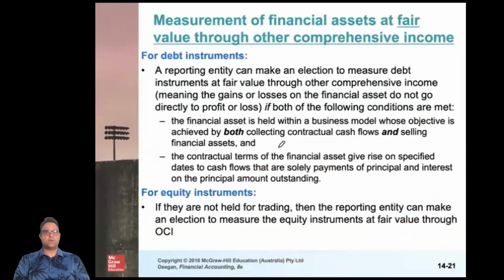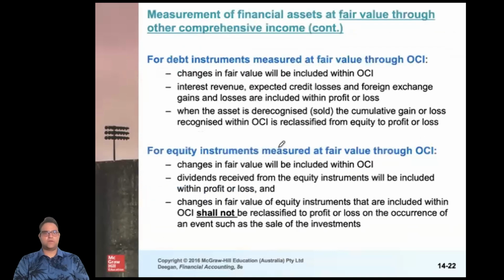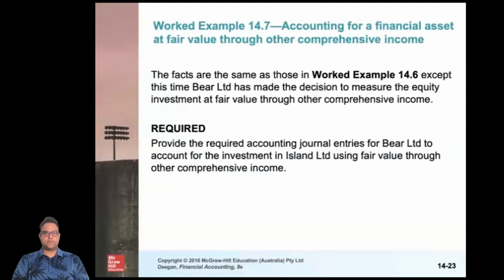Now they talk about the difference between the debt instrument and the equity instrument. You can buy either debt or equity as you prefer, but the gain or loss may not go to the profit or loss account. Taking the same example we have done so far, consider that they have fair value through other comprehensive income.